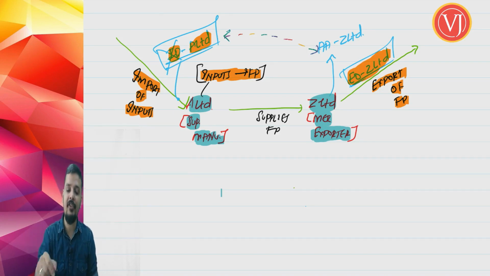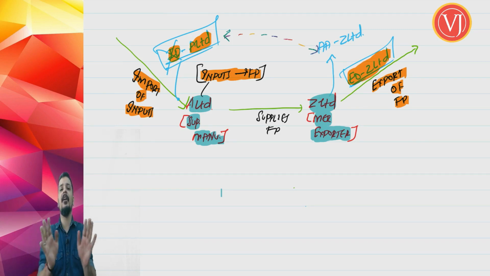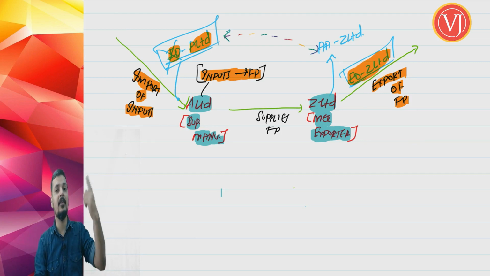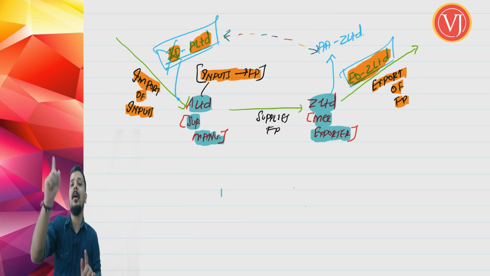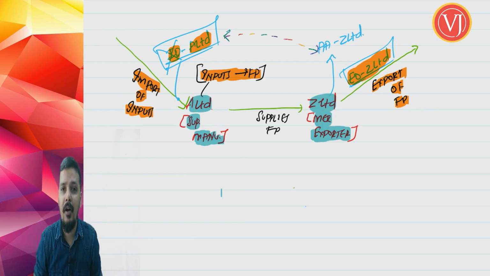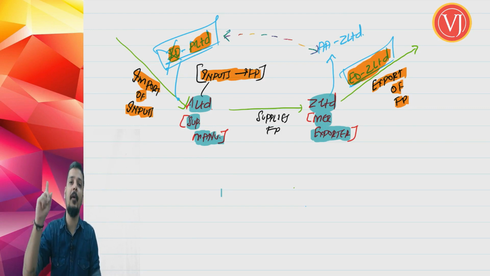So the export obligation is taken by Z Limited through the advance authorization, but he is not importing the inputs and manufacturing the final product. That is done by the supporting manufacturer, A Limited, who will import the inputs and not pay any import duty, based on the advance authorization of Z Limited.